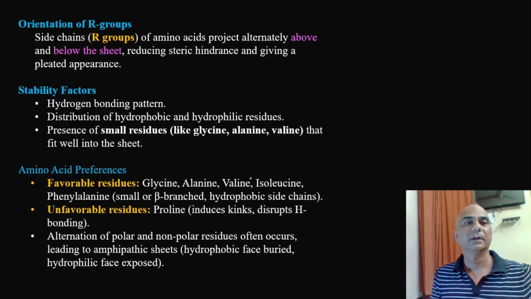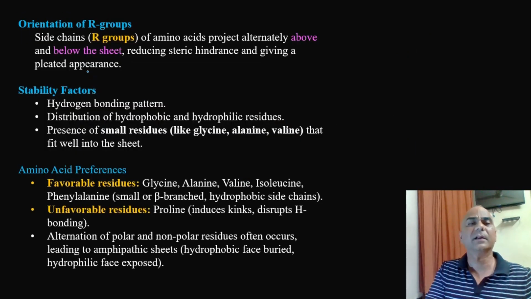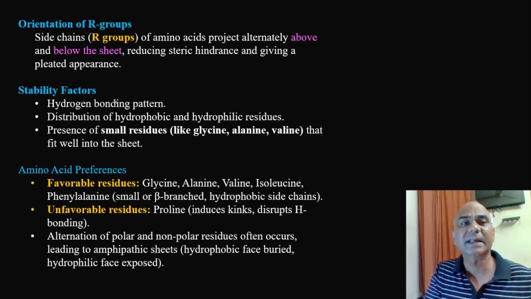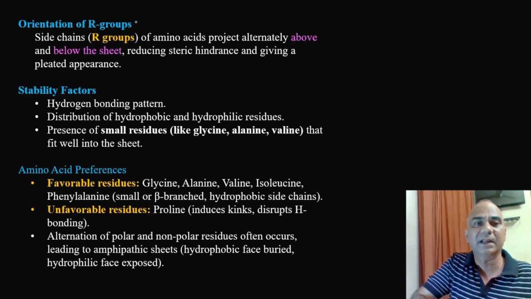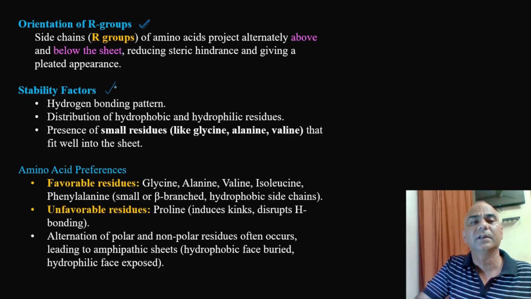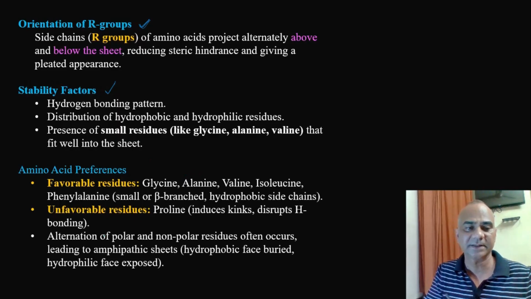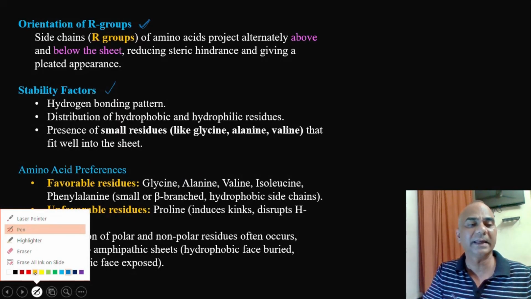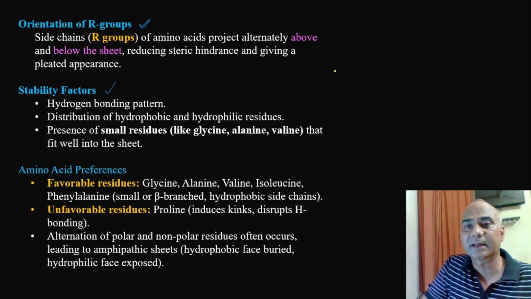Then I am going to explain what about the orientation of the alkyl group? What is the arrangement of the alkyl group, and which factors stabilize the structure of the beta sheet? So we can draw another diagram.